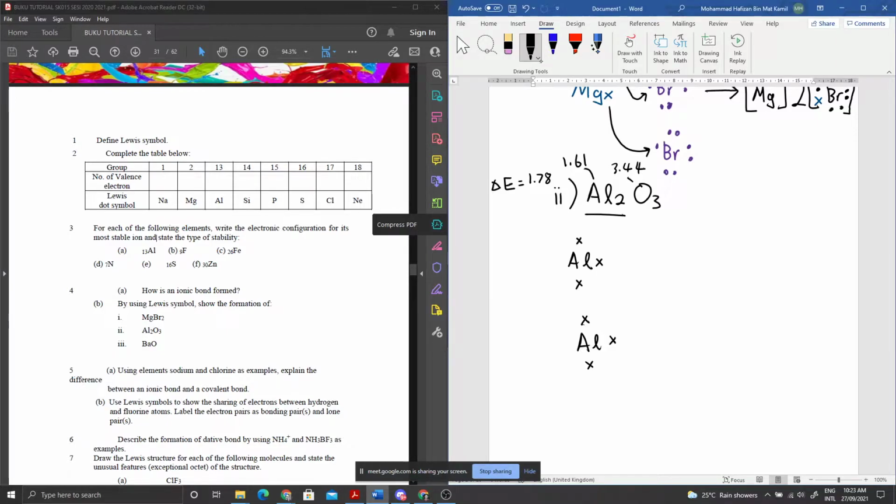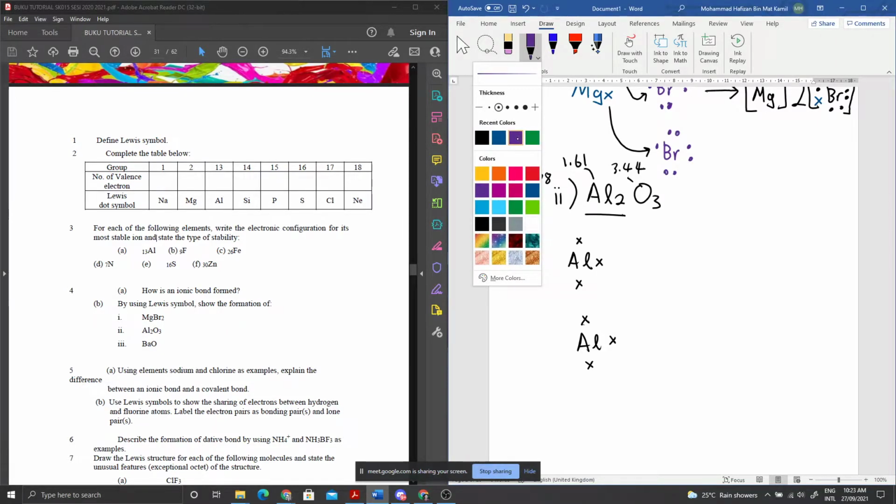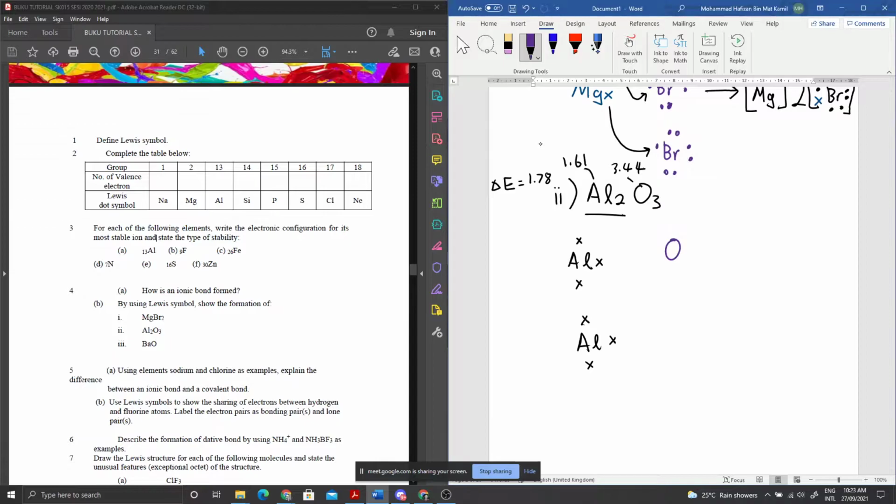Then oxygen has 3, so you draw 3 oxygen. Oxygen is group 16, so it has 6. So 1, 2, 3, 4, 5, 6, 1, 2, 3, 4, 5, 6, 1, 2, 3, 4, 5, 6.